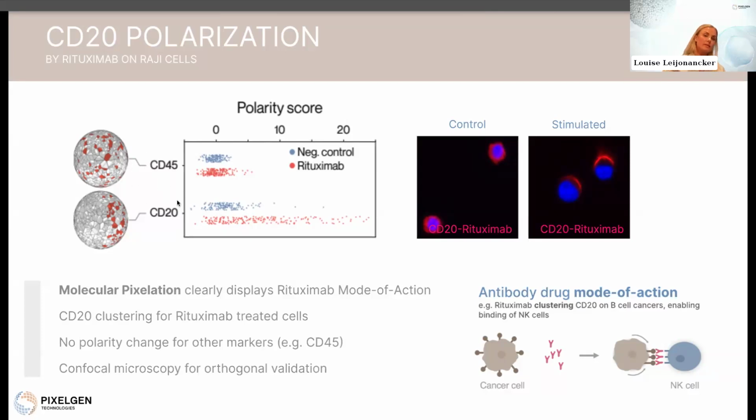Whereas for CD20, it's centered around 0 for the negative control, but for the rituximab treated cells, you can see how it's increasing for the polarity score of CD20. Each dot here represents a cell that has a polarity score for each marker, and here showing CD20. So molecular pixelation was clearly able to show the mode of action of rituximab.